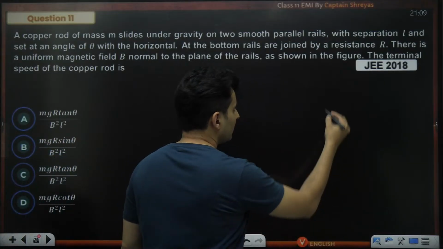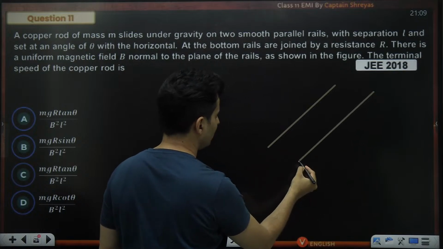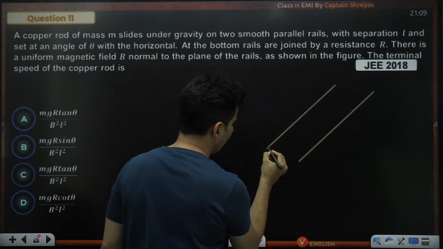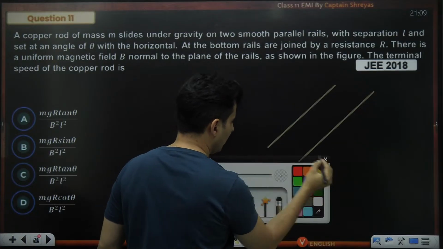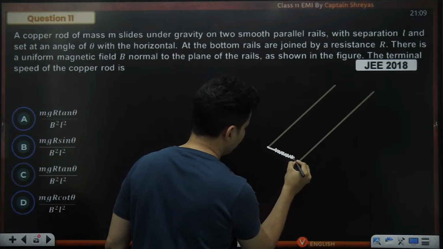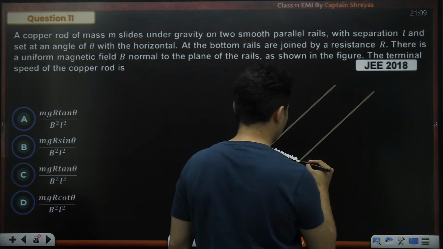Okay. These are the rails like this, and they are connected by some resistance at the bottom, and this is the ground level.